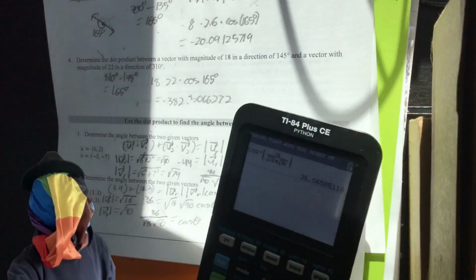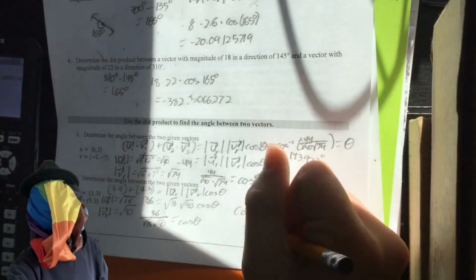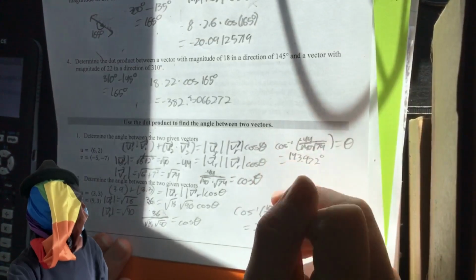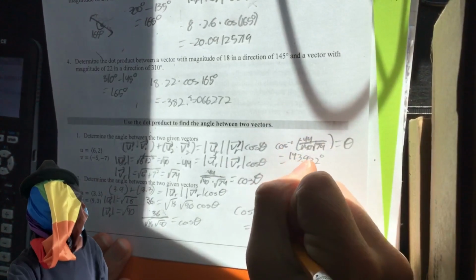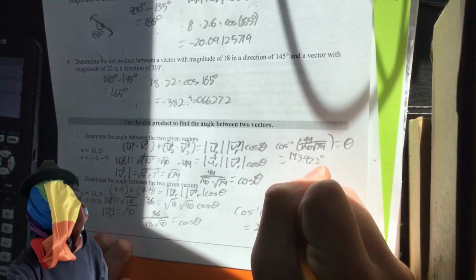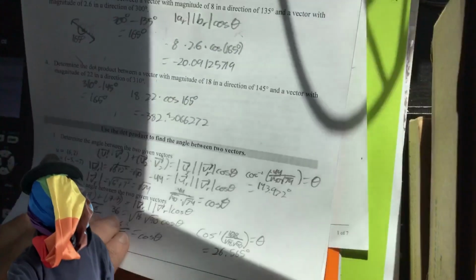Okay, so it actually did work. 36, and I got theta equals 26.565 degrees. We'll just go to three decimal places. I don't know why I'm choosing 3. Next page.